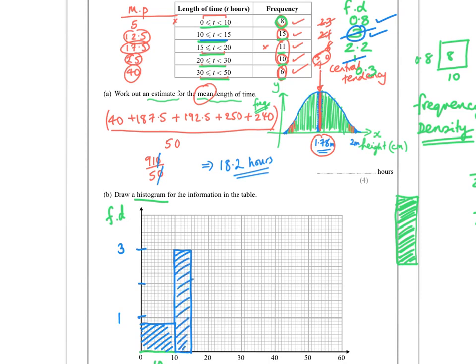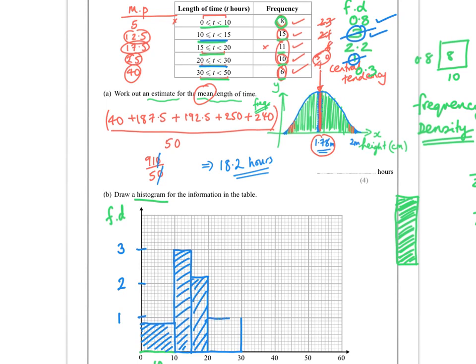Now the next one is 5 wide, that's its width, and its height is going to be 2.2, so you can label a 2 there, and 2.2 is here.